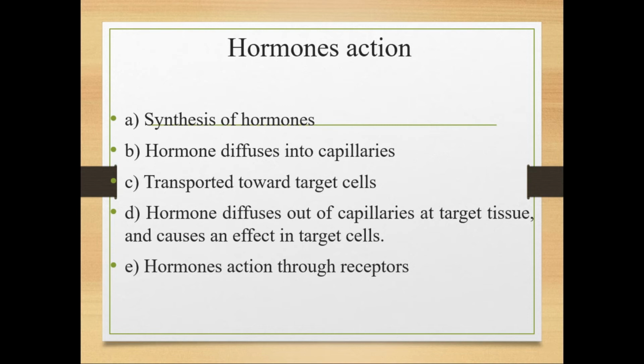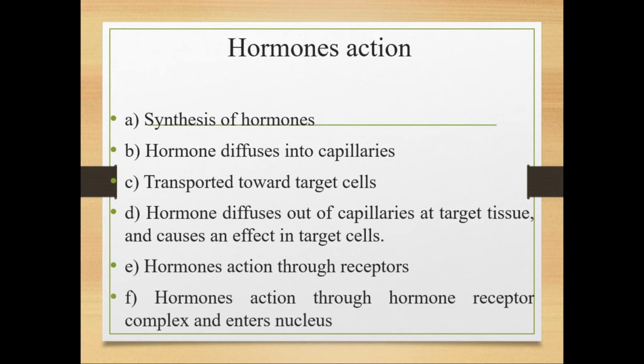They might be present in or on the surface of the cell membrane. For example, protein or peptide hormones and catecholamines have receptors specific to them present on the cell surface. Similarly, there are some receptors present inside the cytoplasm of the cell. For example, for steroid hormones, receptors are present inside the cytoplasm. And similarly, there are some hormones whose specific receptors are present in the cell nucleus.